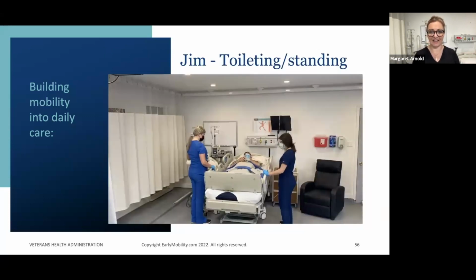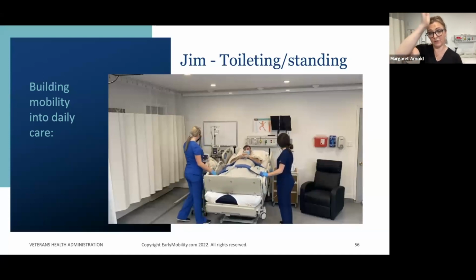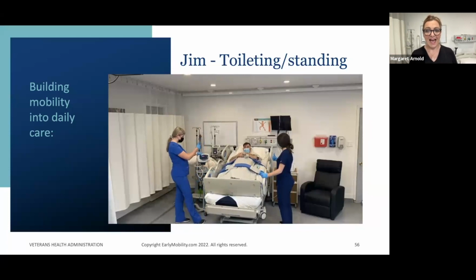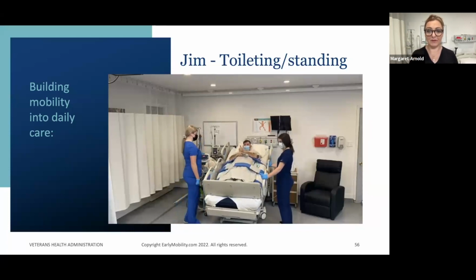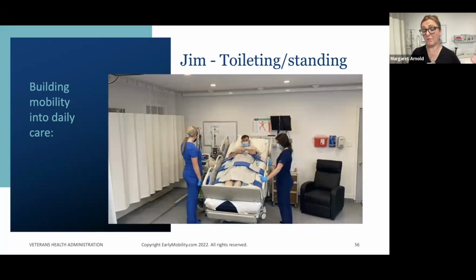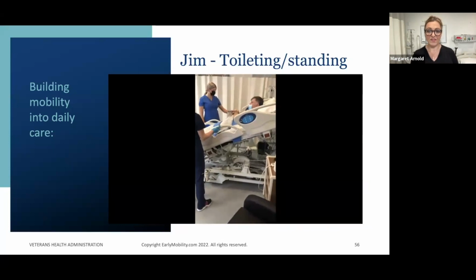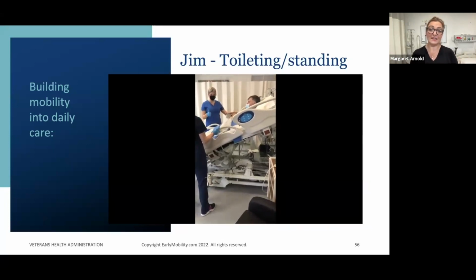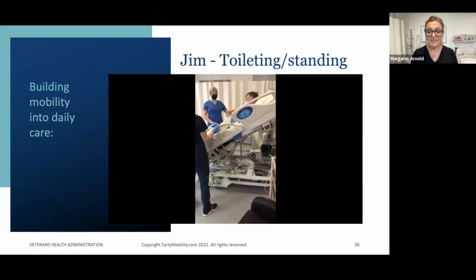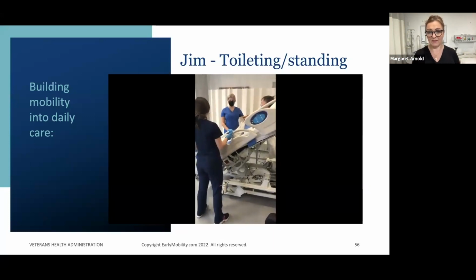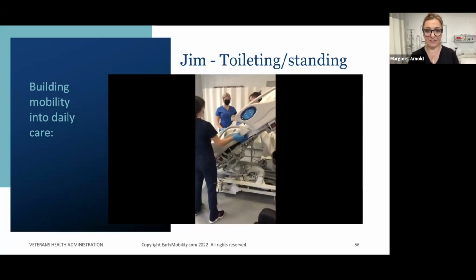Toileting in standing. If you've got a bed that goes into a partial tilt or you've got a full standing bed, have the patient stand up. You saw this earlier in the module with the mobility solutions and screening tool with a bariatric patient standing up even when they're mobility level 1, because the bed is doing the lifting.